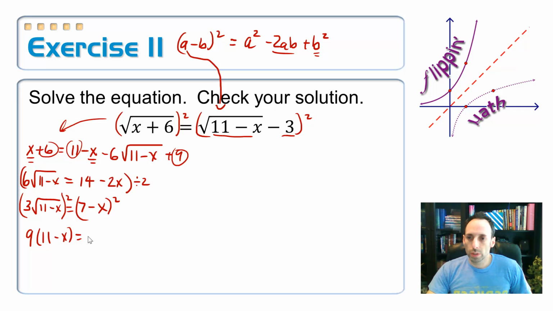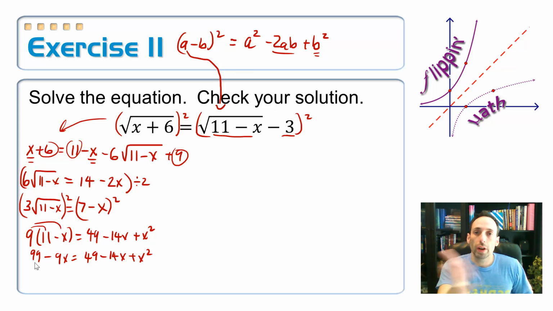It's equal to, and then square this binomial, 49 minus 14x plus x squared. Okay, on the left-hand side, distribute here, 99 minus 9x is equal to 49 minus 14x plus x squared.